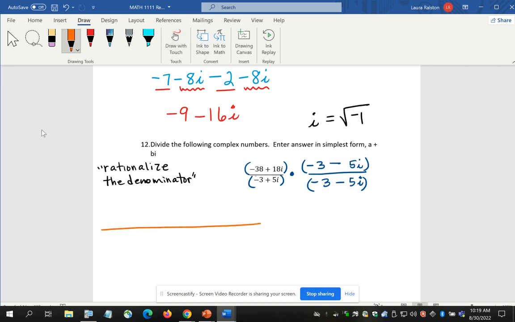Okay, so in the numerator, and again, these are kind of big numbers, we have negative 38 times negative 3, which is 114.